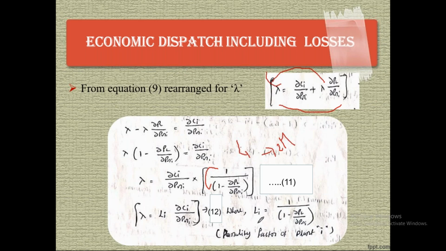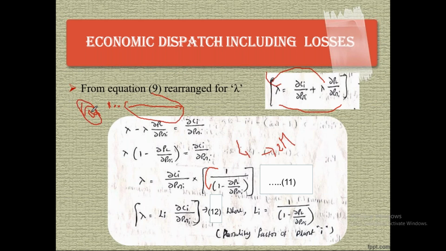If you find the penalty factor, we can find how much loss is happening within the generation itself. Generally, we generate 100 megawatts and transmit it and deliver the load, but we concentrate on the losses in the transmission line itself and not on the generation.